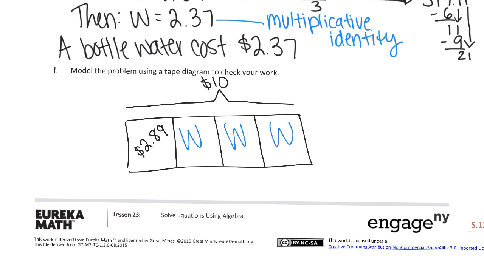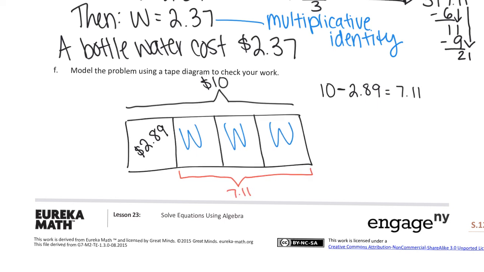So now I'm going to take my total cost, which was $10, and subtract from it the cost that we know of the ice cream bar, which was $2.89. 10 minus 2.89 is going to give us 7.11. Then I know that 7.11 represents the total cost of my 3 water bottles.